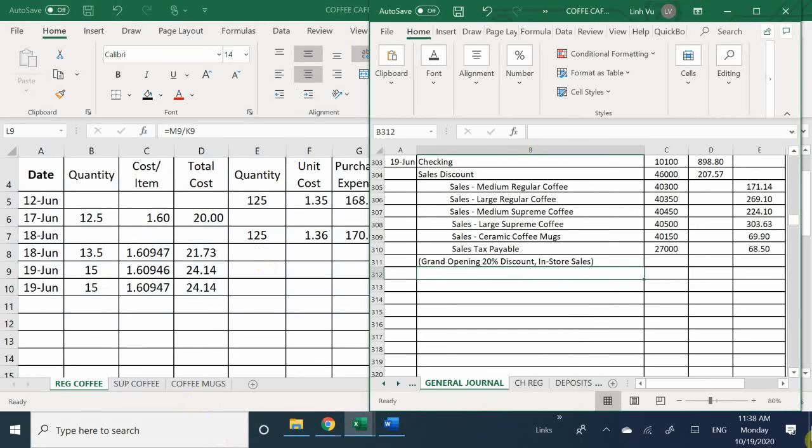Okay, so I'm going to go here. What's my journal going to look like? COGS. Regular coffee. Good. Regular coffee.